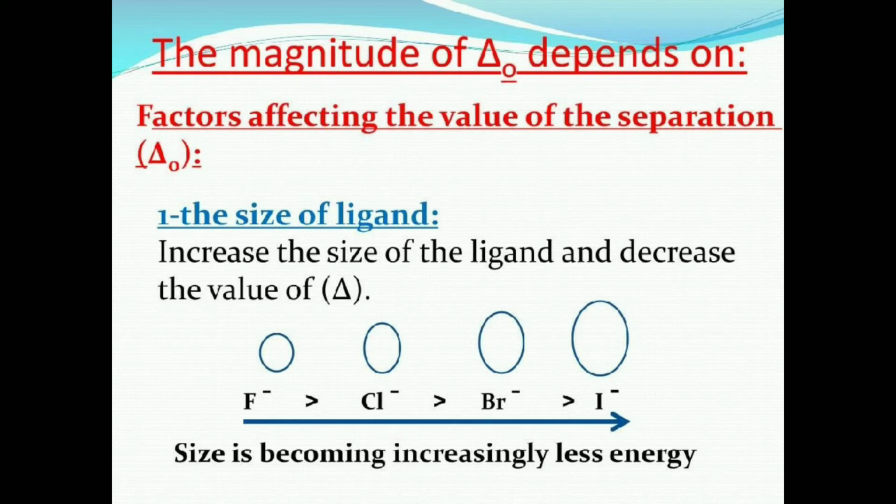The size of iodo is larger than all these three. So the size of the ligand increases as we move from fluoro to iodo, but the value of delta is higher in fluoro, then lower in chloro, then lower in bromo, and lastly very low in iodo. So this is how the value of delta 0 changes as the size of the ligand changes.